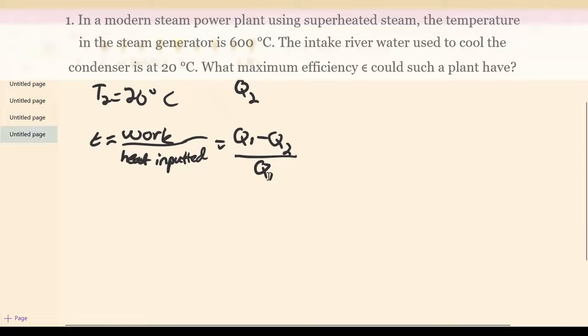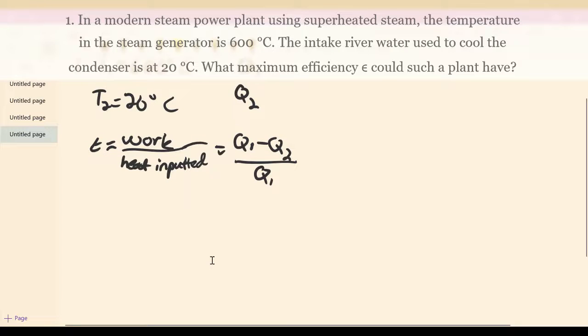Basically, the derivation uses something called entropy, which is a state-based function, which means that the entropy only depends on the current state of the system. And that's really important because it means that the entropy at the beginning of a Carnot cycle is the same as the entropy at the end of it.